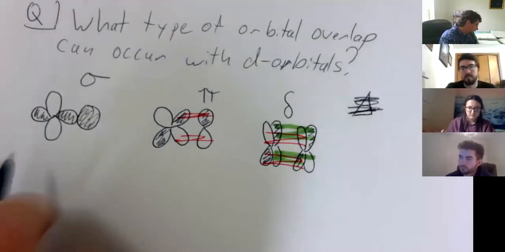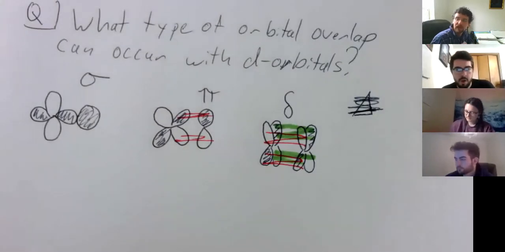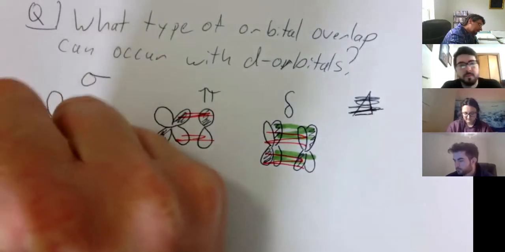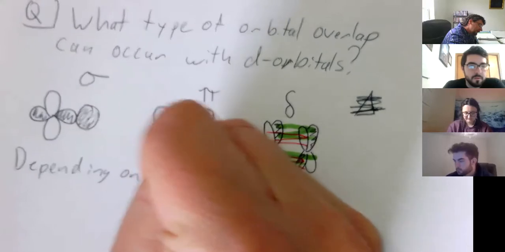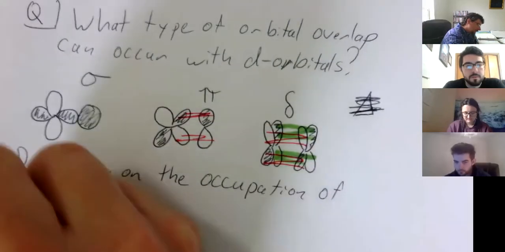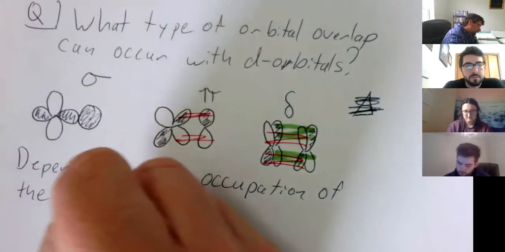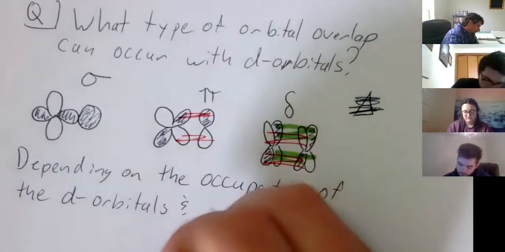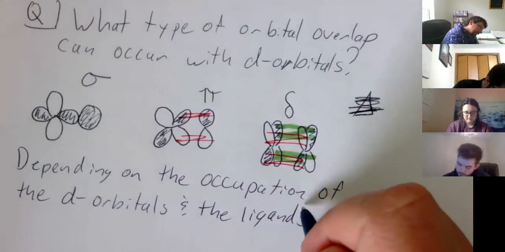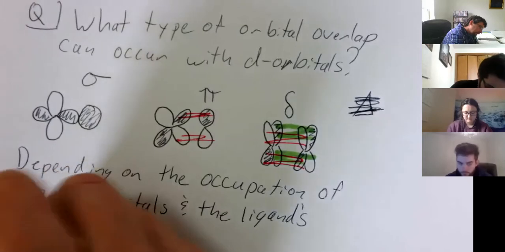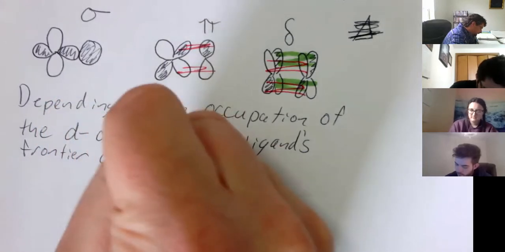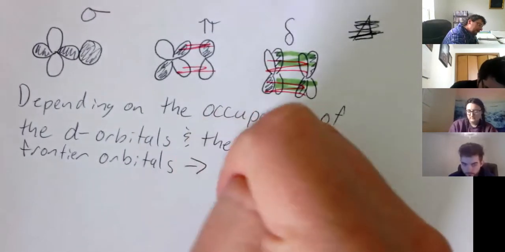So depending on the occupation of the d orbitals and the ligands' frontier orbitals, you get different types of bonds.